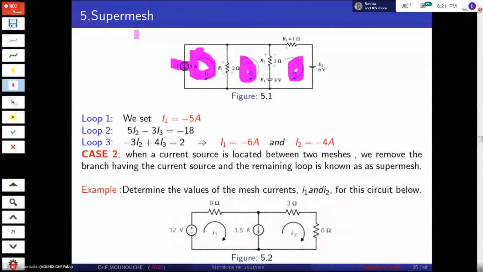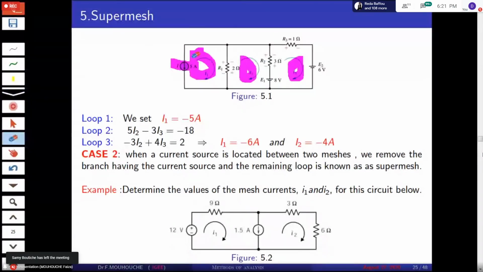There is no contact with the other mesh. This current source is located in an independent mesh. So here, directly, when we try to analyze this circuit, we have the current source, I1 equals directly, since it's in the inverse direction, -5 ampere.